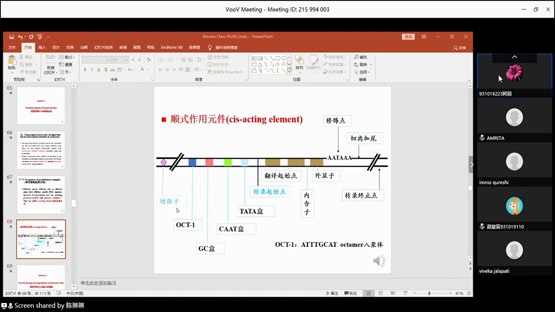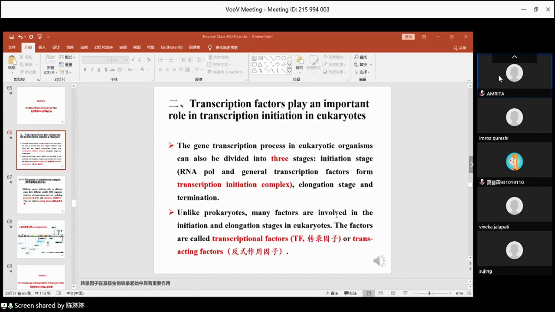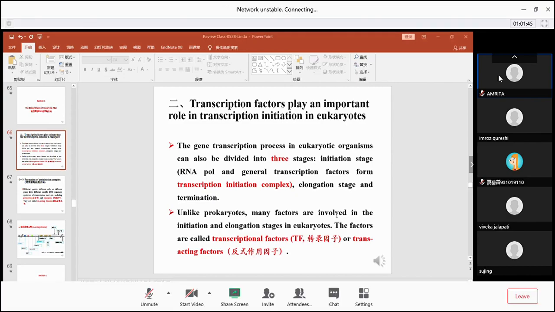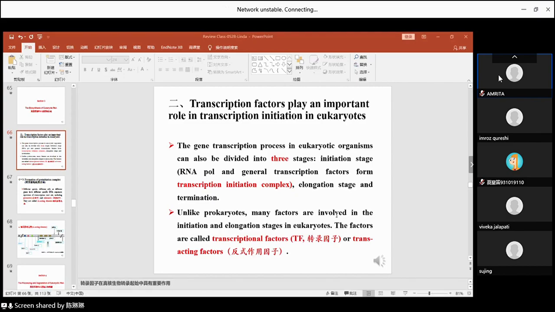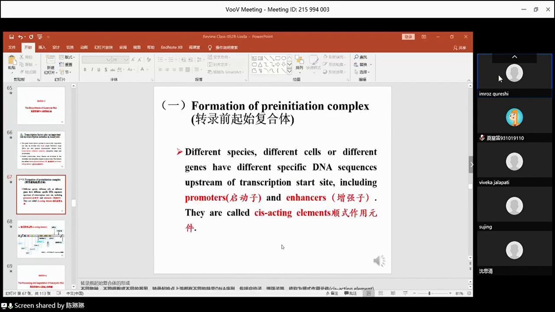You should remember the enhancers, the transcription start sites, the translation start sites, the introns, and exons, etc. And you should remember the difference between cis-acting elements and transcription factors. Remember this clearly, okay?